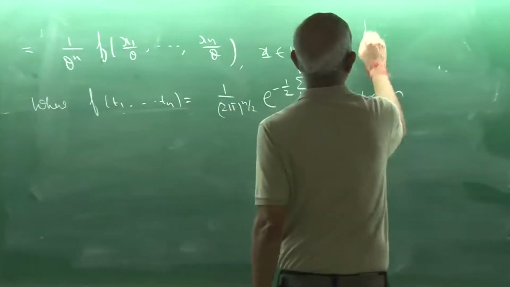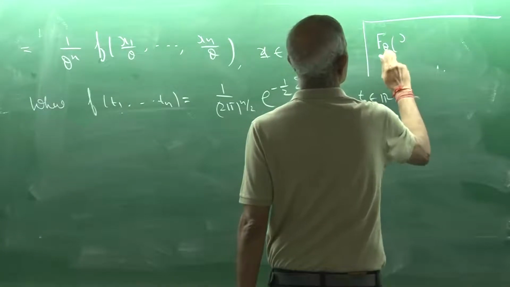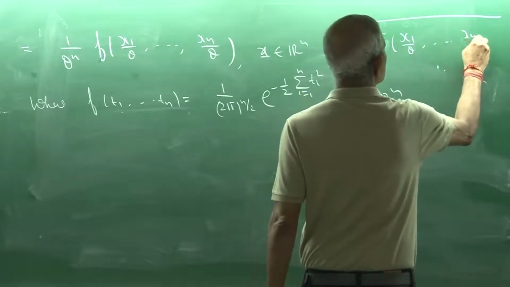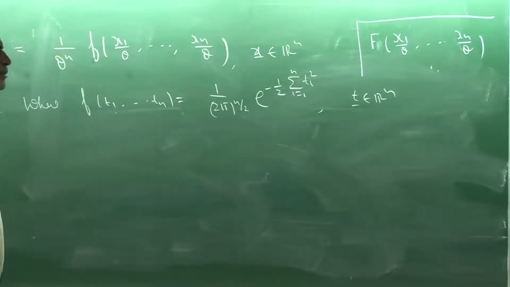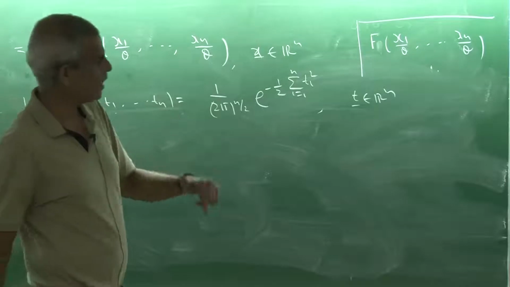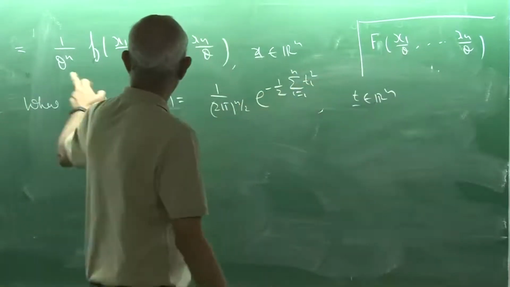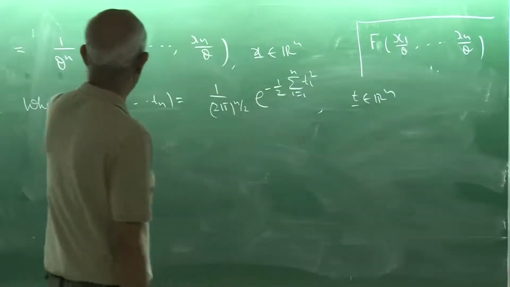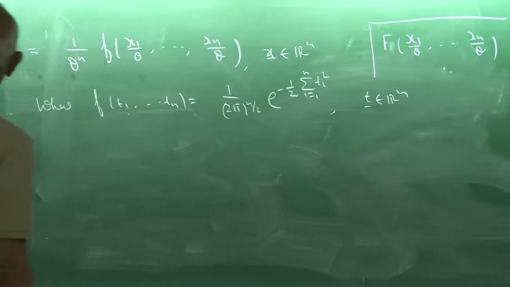Because if you look at the distribution function in the scale model, it is F of x1 by theta, ..., xn by theta. To get the PDF corresponding to this, you have to differentiate it n times with respect to x1, x2, ..., xn. Each time you get 1 by theta, so theta to the power n comes, and the derivative of F with respect to x1, ..., xn, which I am calling small f. So this belongs to a scale family.